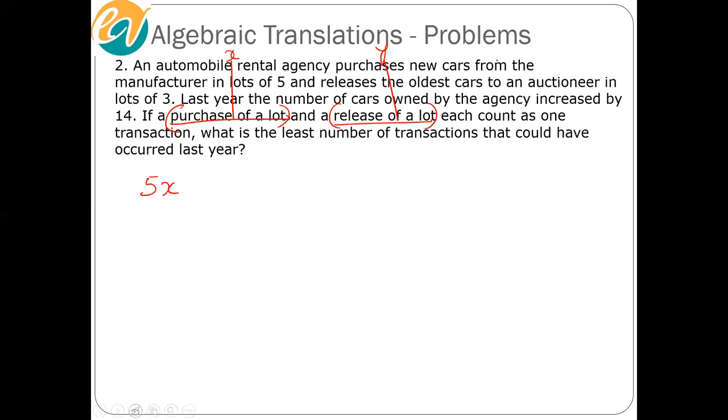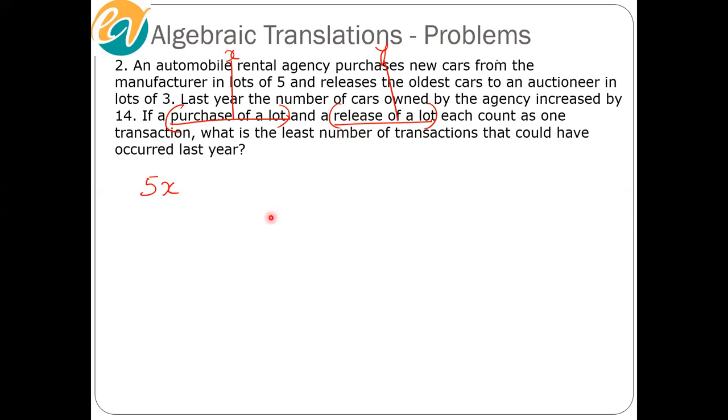On the other hand, releasing a lot is a transaction that we've assumed happened Y number of times. And in each of such transactions, what happens? Notice oldest cars are released to the auctioneer in lots of 3. So then how many cars were released totally?